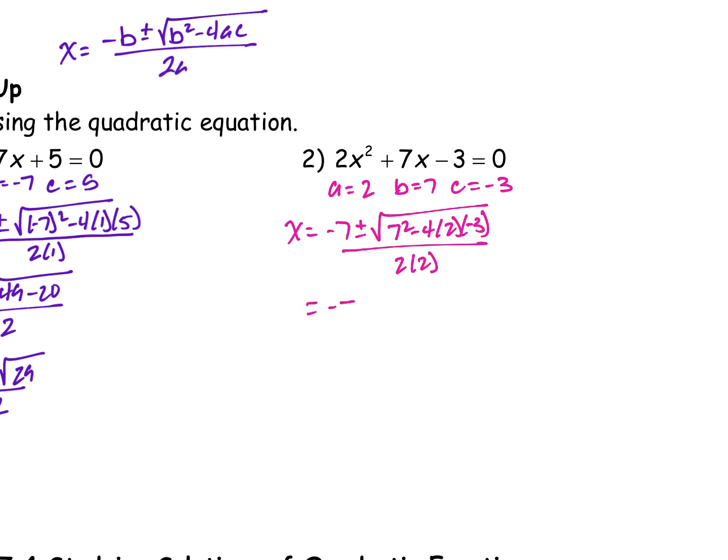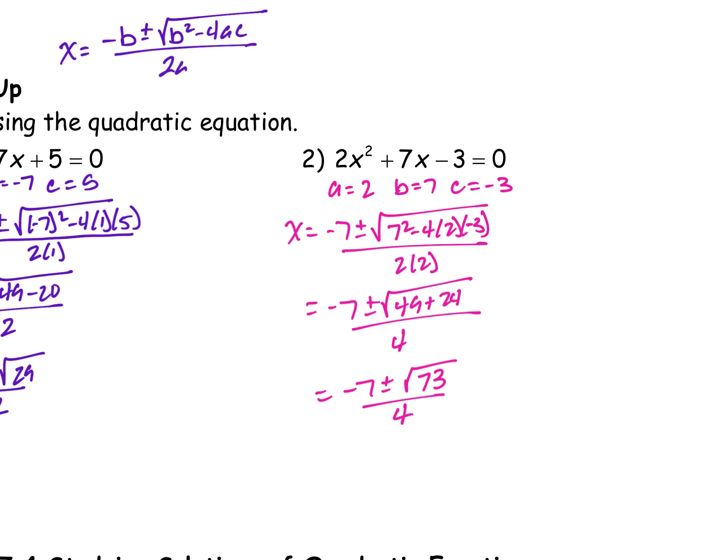So that's negative 7 plus or minus the square root of 49 plus 24, all divisible by 4. So I think we get negative 7 plus or minus the square root of 73 divisible by 4. Can't simplify it. Wow, we got easy ones.